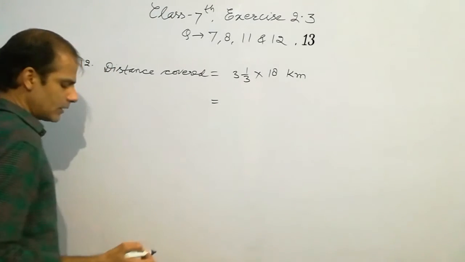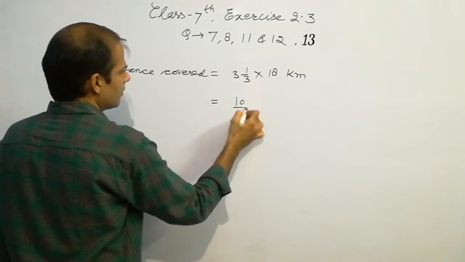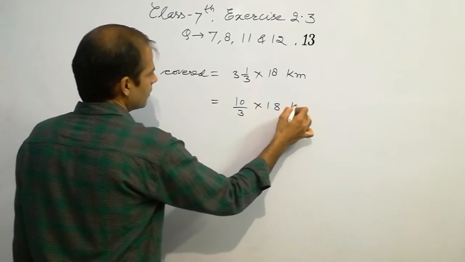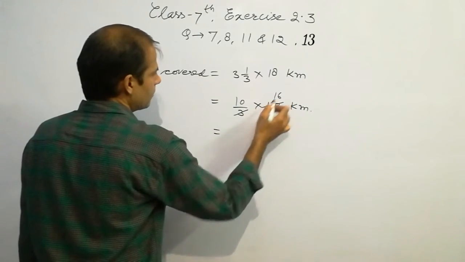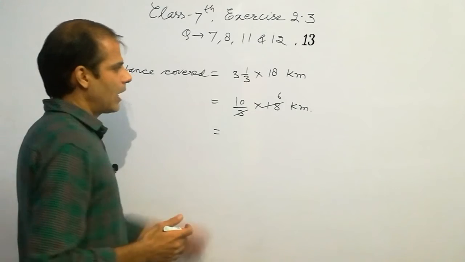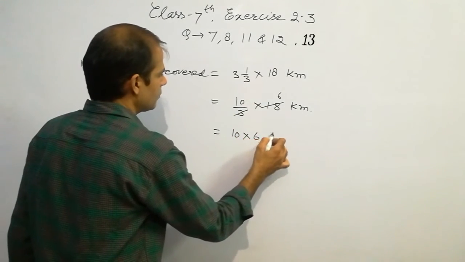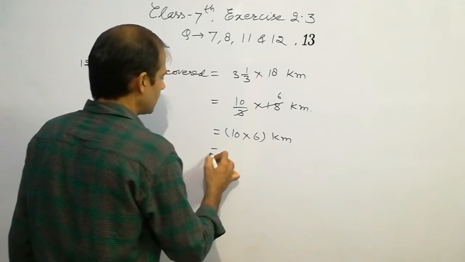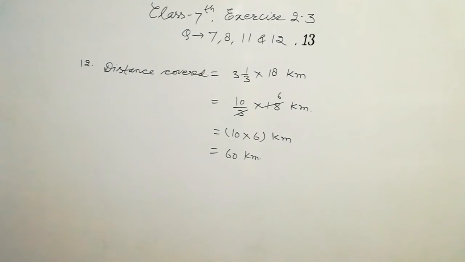So simplify this fraction. 3 threes are 9 plus 1, 10/3 into 18 kilometer. Cancel out 18 by 3, it is 6 times. 3 sixes are 18, and multiply both the values. 10 into 6 kilometer, and the answer is 60 kilometer. Question number 12, the answer is 60 kilometer.